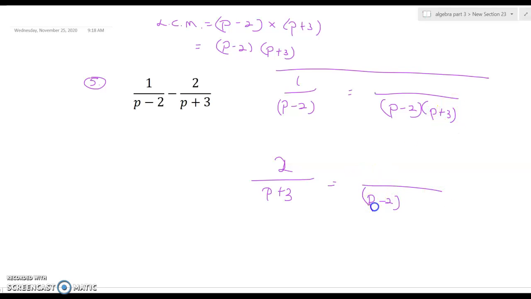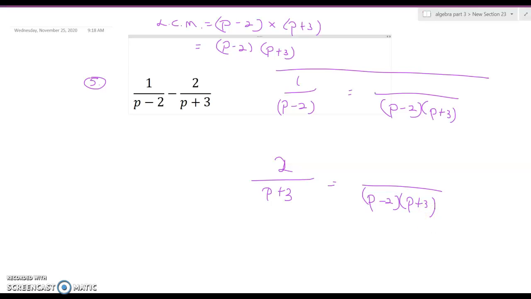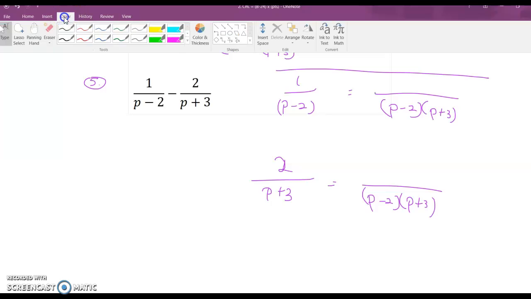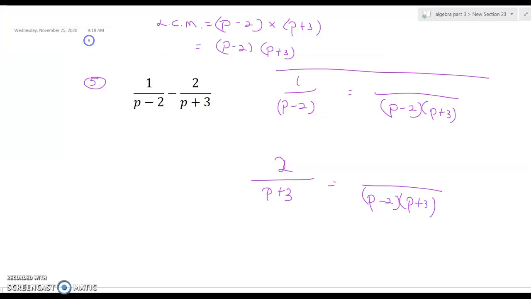And again, it's similar to the last question. In this question, we're going to subtract, we're not adding, right? So let's just change the color and let's work from there. So P minus 2 times P plus 3 will give me P minus 2 by P plus 3, right? So I'm going to multiply the top by the same thing.